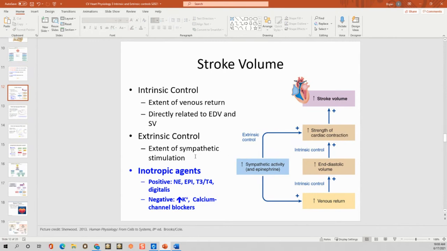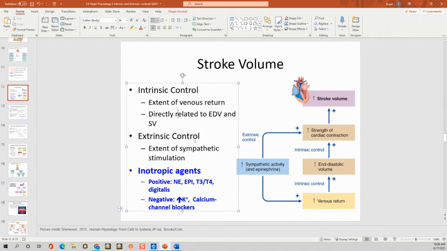So what's the only nervous system that will have an extrinsic control on blood pressure? Therefore, the only nervous system that can control blood pressure is sympathetic. If there's no receptor, then there's no function of that system.